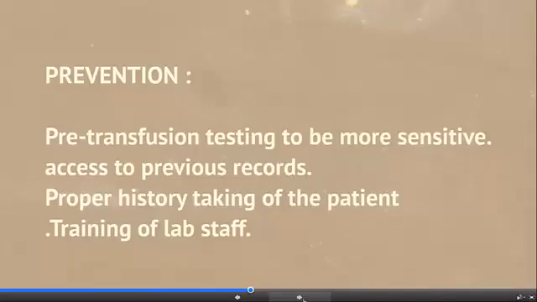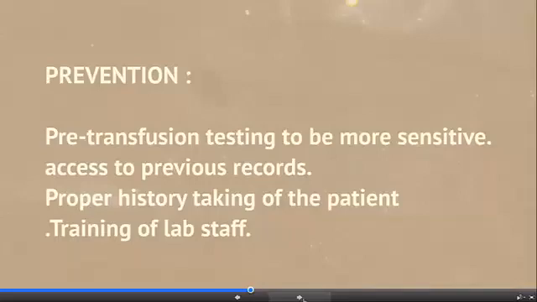But if the patient has developed antibody, usually the doctor will tell the patient or the blood bank will issue a card to give to the healthcare professionals in other hospitals if they need transfusion, because the card will tell them that they have red cells antibody.